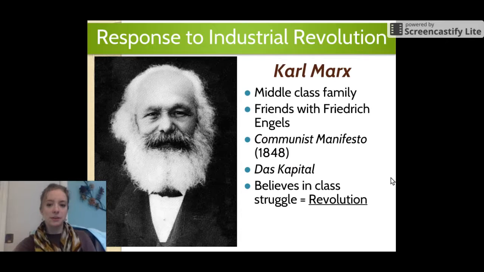A word on Karl Marx. Karl Marx was a middle-class man, interestingly enough, not a proletariat who he's going to fight for. He was part of the bourgeoisie, as it was, their money made by owning factories. But he had a friend, a revolutionary friend, Friedrich Engels, and together they are going to write a book in 1848 which revolutionizes the view of capitalism and really challenges it in a way that will not see significant effects or political response until more into the 1900s, but still raises questions which were certainly being asked by others, just with different solutions at times.